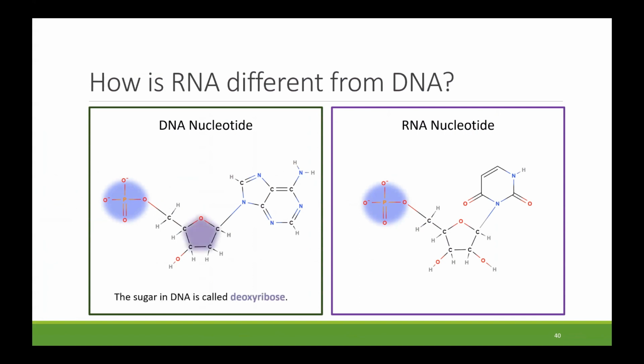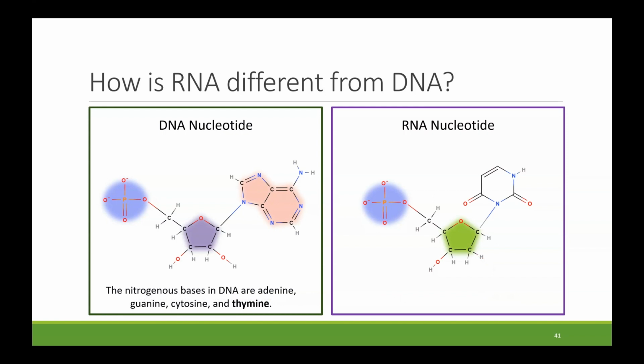But the other parts of the nucleotide are a little bit different. The sugar component of a DNA nucleotide is called deoxyribose, while the sugar component of an RNA nucleotide is called ribose. And on the level of their molecular structure, this really translates to there being just one less oxygen atom in deoxyribose compared to ribose, which is why the one on the left found in DNA is called deoxyribose. It has one less oxygen. And then the nitrogenous bases are a little bit different too.